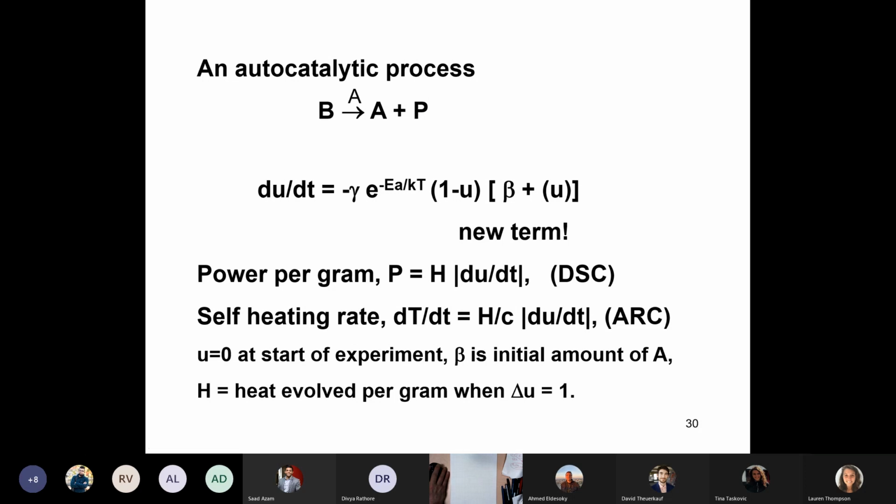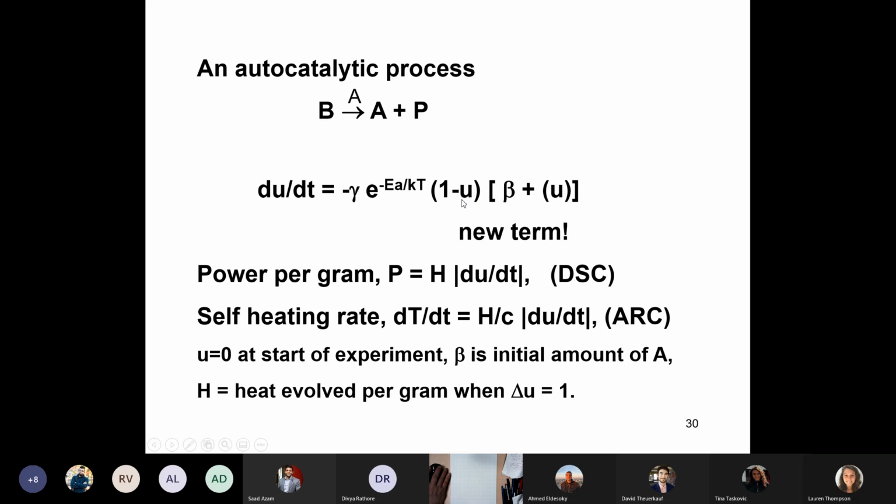And you can explore what happens if you think about the reaction between lithium cobalt oxide and electrolyte in terms of an autocatalytic process, not identifying what the catalyst might be, but just saying, okay, what would happen if this occurs?